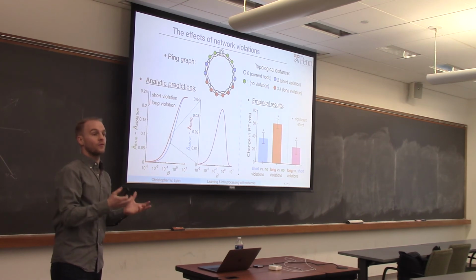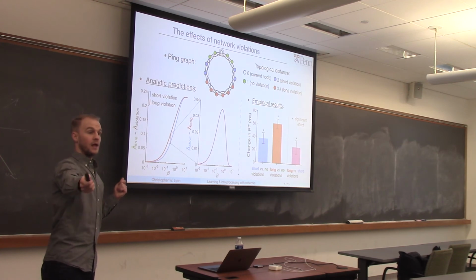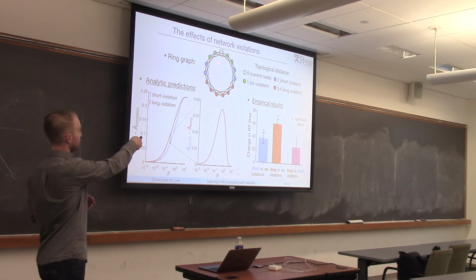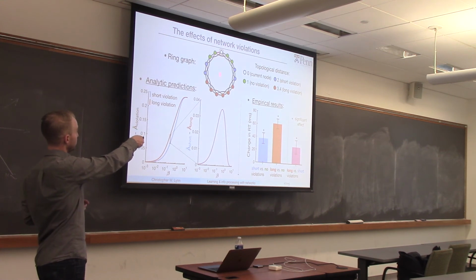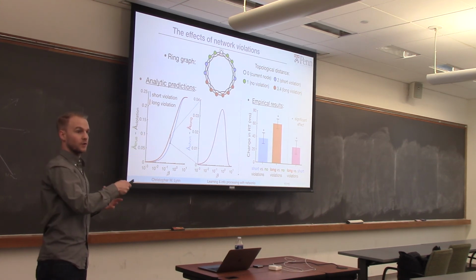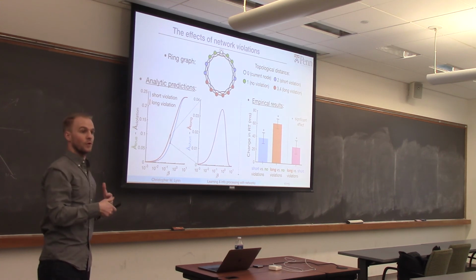For that question, we wanted to know if you send them farther away in the network, is that different than sending them closer, even though they've never seen either of those transitions before? We looked at this network because it's clear what far and close mean. If you have this white node, one of these red nodes would be far. Blue would be closer, but still not allowed, since there's no connection between the white and the blue. So it's a violation of the network, but it's closer than the red ones.